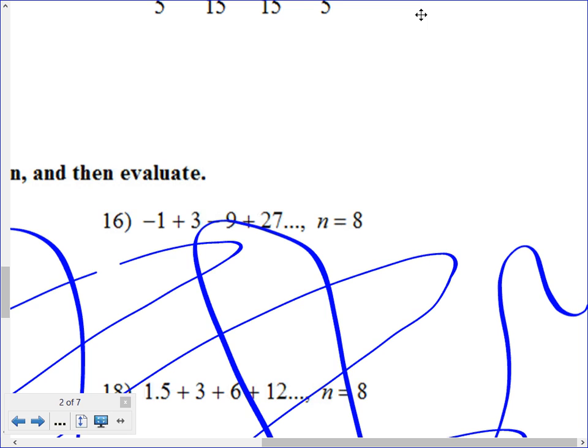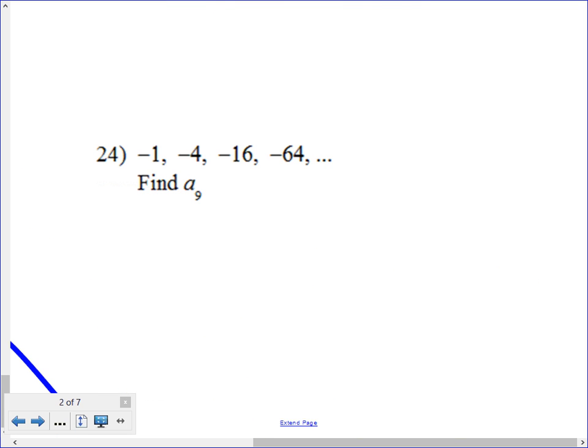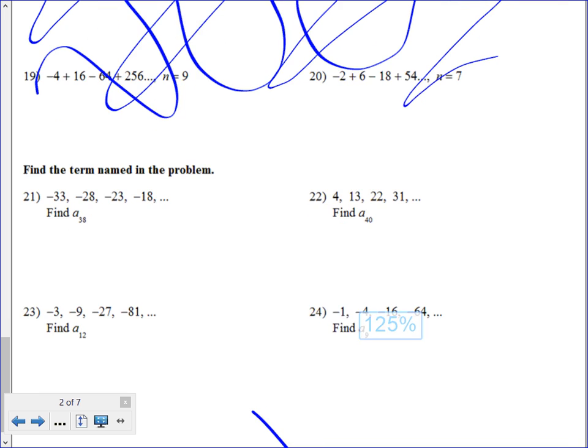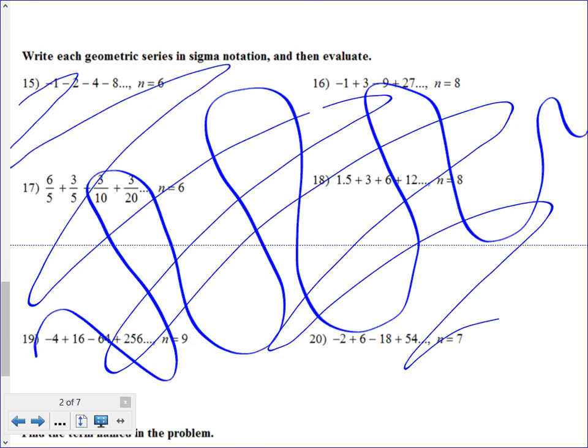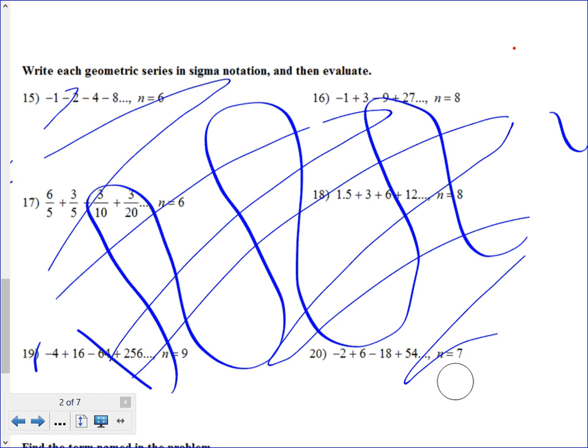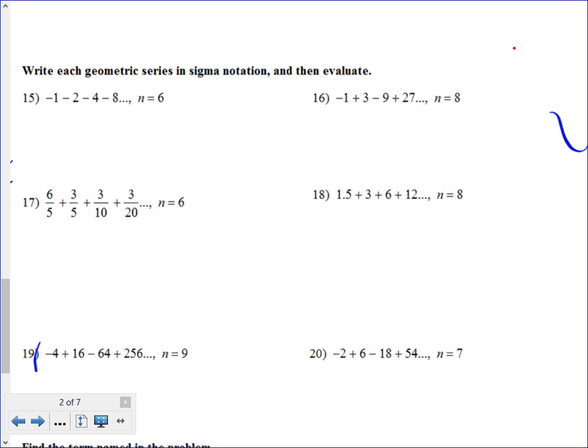What are we doing? Don't worry about it. Don't get zero.